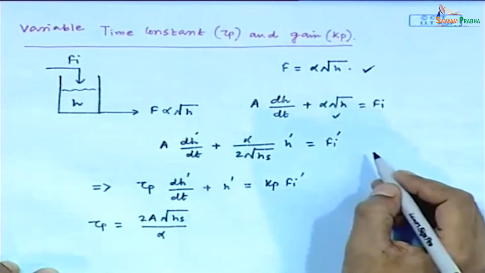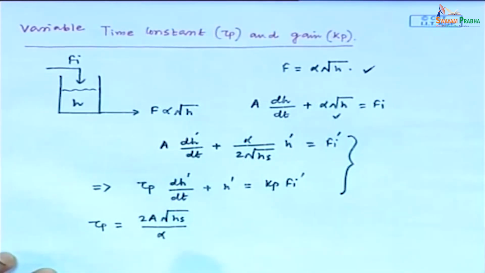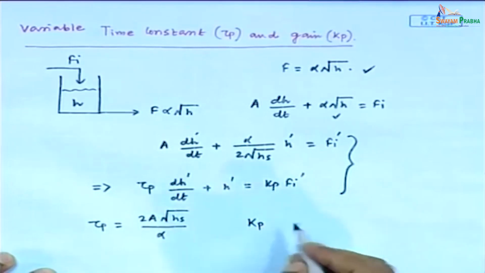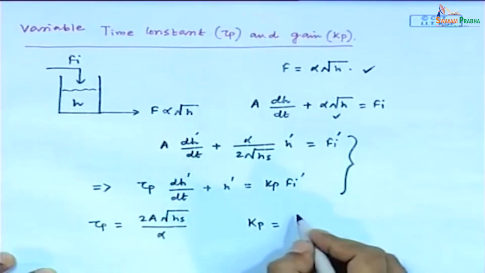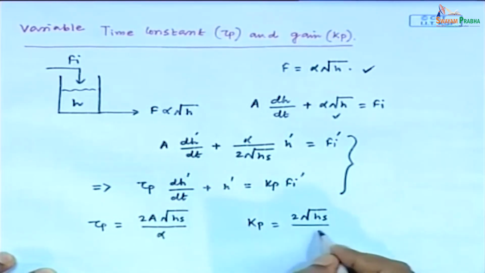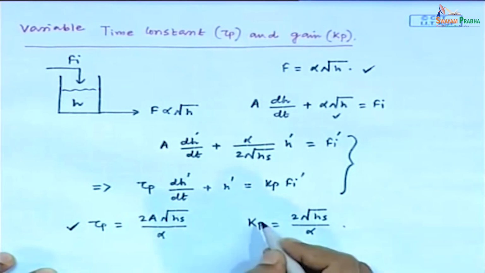If we compare these two equations, we get the expression for tau p equals 2A root hs divided by alpha. Similarly, we get the expression for Kp, that is Kp equals 2 root hs divided by alpha. So, this is the expression for time constant and this is the expression for gain.